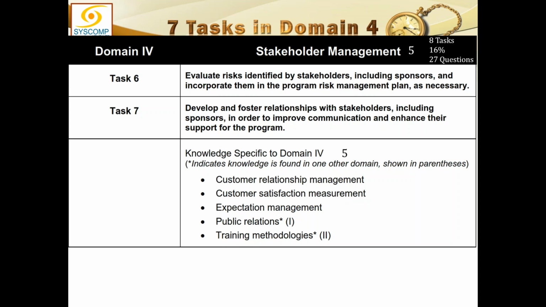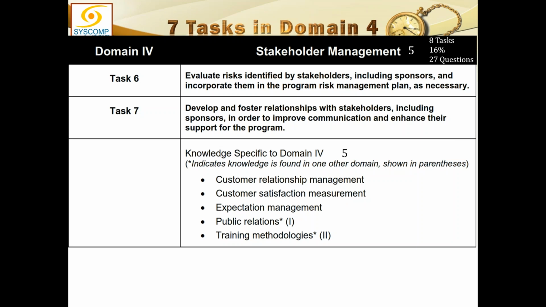And when I say stakeholder, it doesn't only mean the customer. Even our own team members are also stakeholders. People from our own organization are also the stakeholders. Customers or even other bodies outside of the organization can also be the stakeholders. So we can identify risk from all those possible sources.